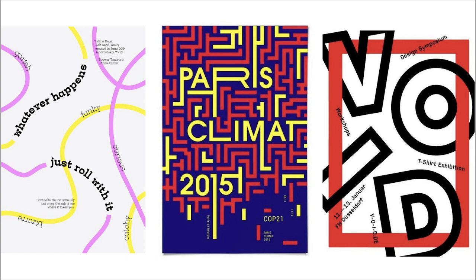In the example in the center, the typography has been done in two colors, red and yellow, and the text has been placed so that we can read Paris climate 2015. In the third example, you can see design symposium and how VOID has been written and how the dates have been mentioned.